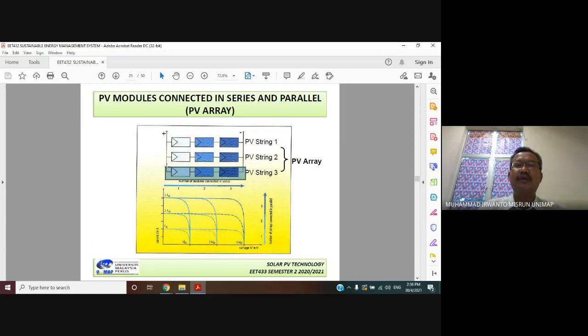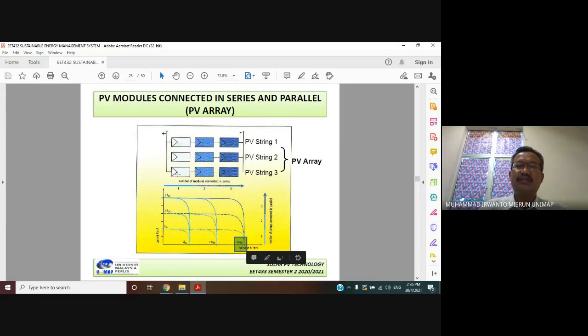Meaning we have 3 strings. Each string has 3 PV modules connected together in series. If each PV module has the open circuit voltage VOC, then the total open circuit voltage is 3 VOC.